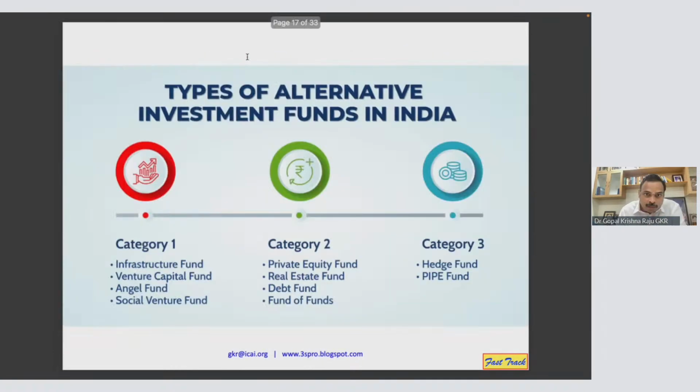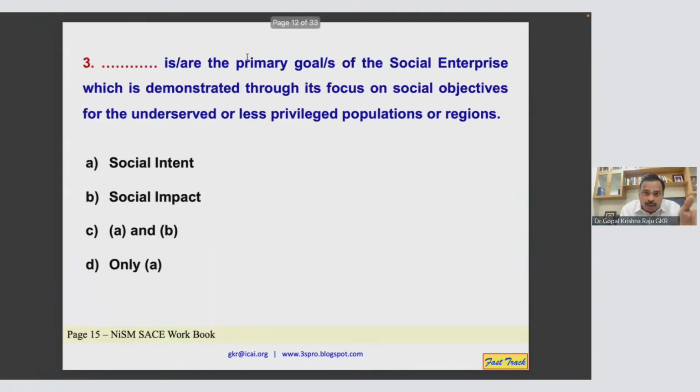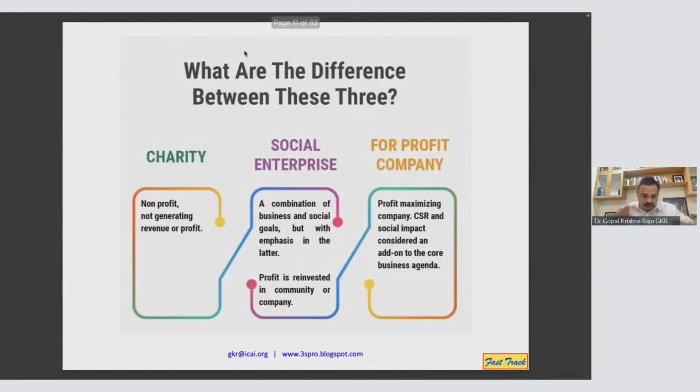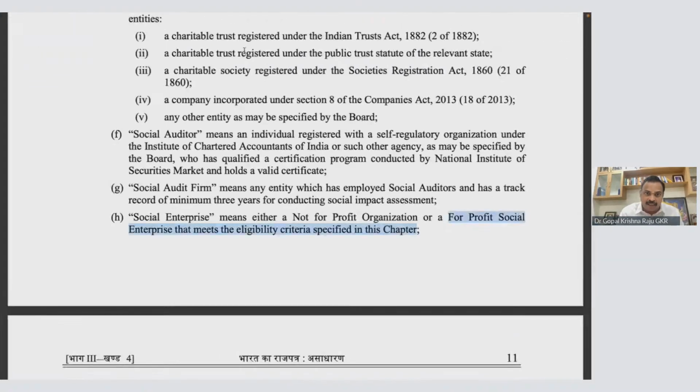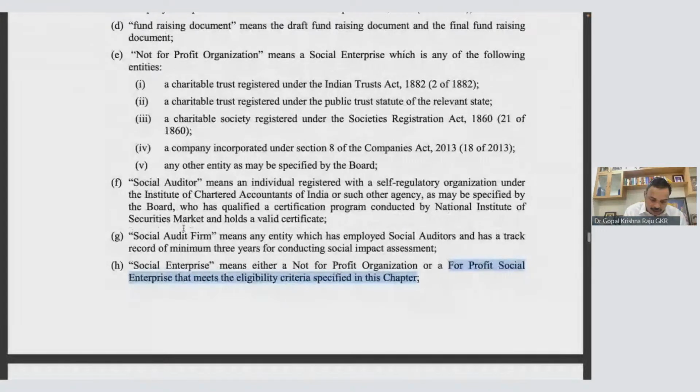Be careful, because the social enterprise terminology came only on 25th July 2022. Please look at this definition of social enterprise. It is 292 AH. This is the starting point, the birth.